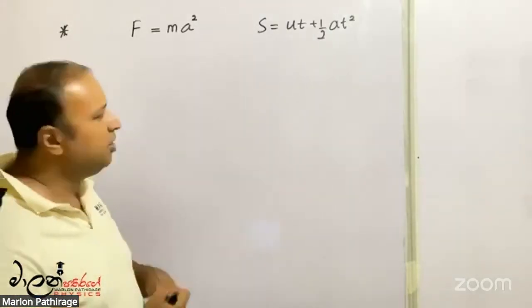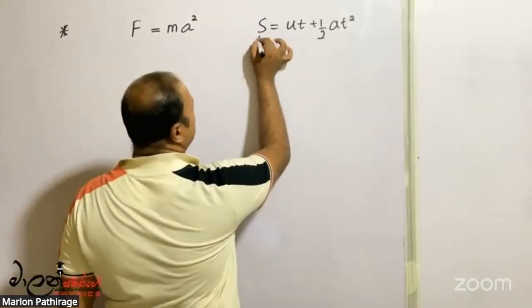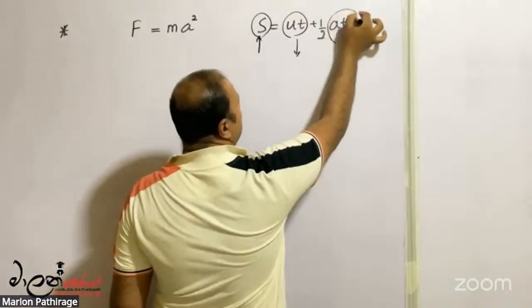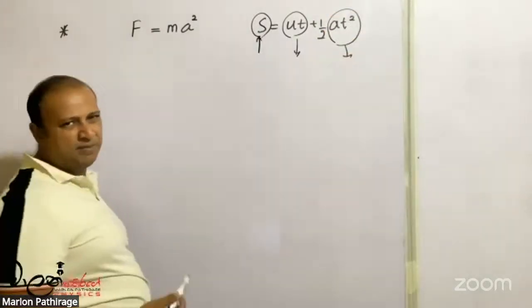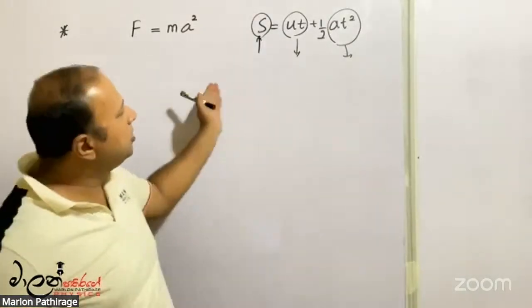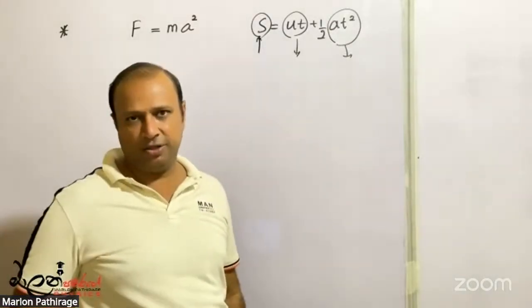Here, this is one term. This one is another term. This one is also another term. No need to consider the half, because that is a number. Those are the terms in this equation.